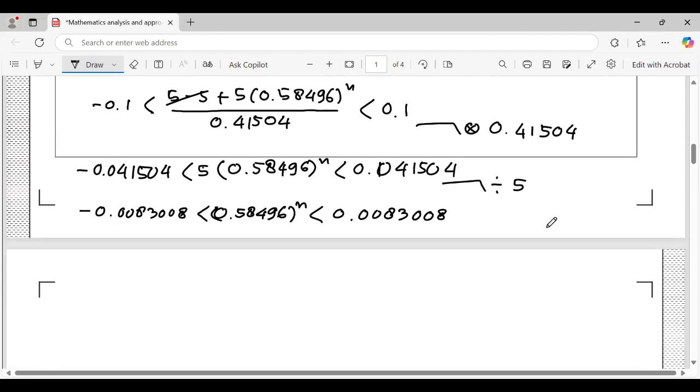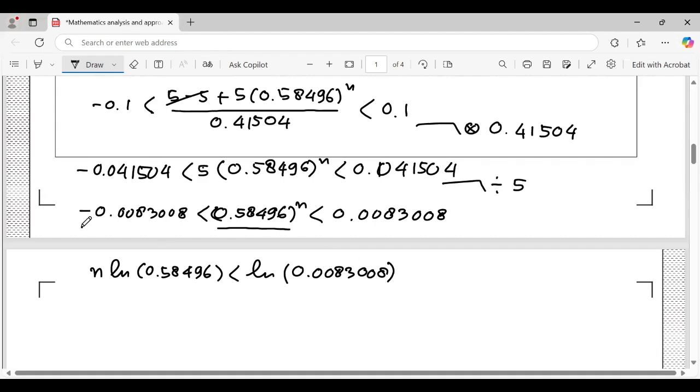Okay, and the next step, if you convert this number to ln, it becomes n ln 0.58496 less than ln of this number 0.0083008.